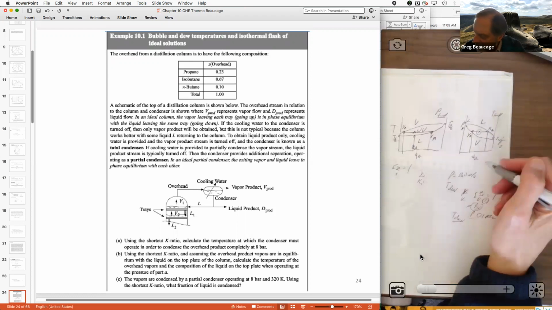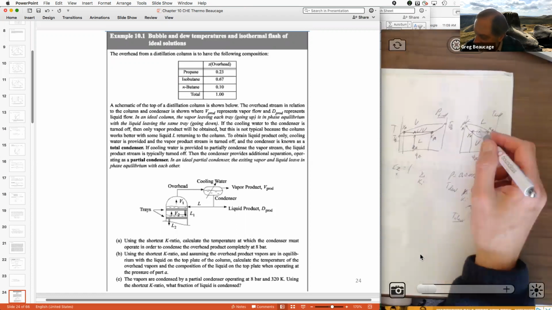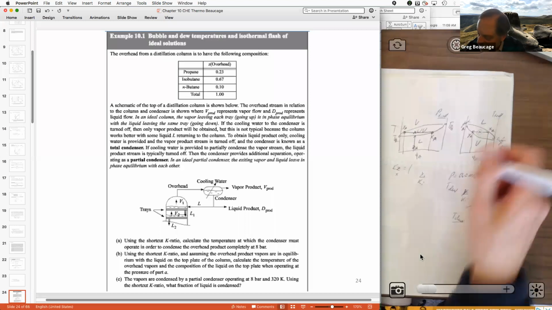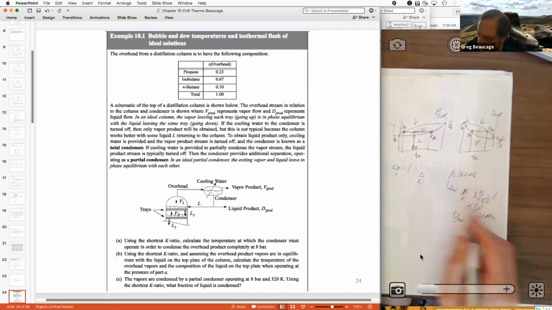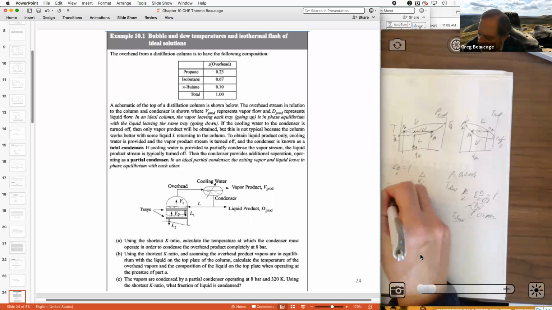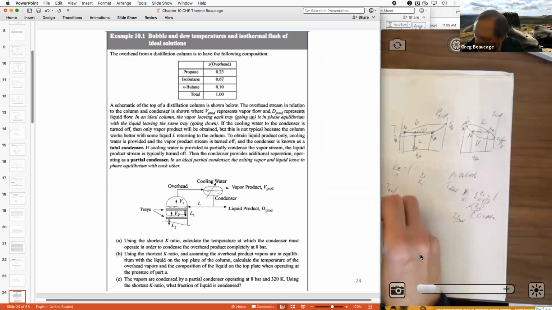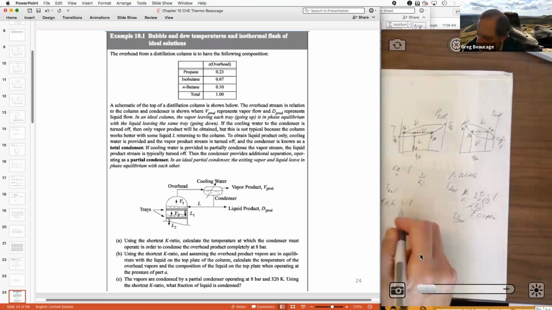If your actual temperature is below the dew temperature, then you're in a mixed phase as long as it's above the boiling temperature. To get the boiling temperature, you do the same, except you'd calculate sum of Zi times Ki equals 1 to get the Y.